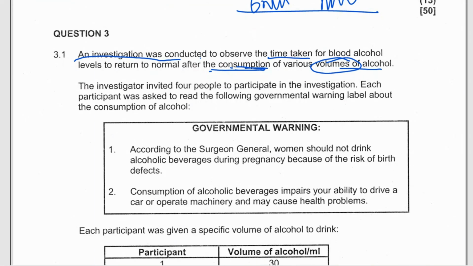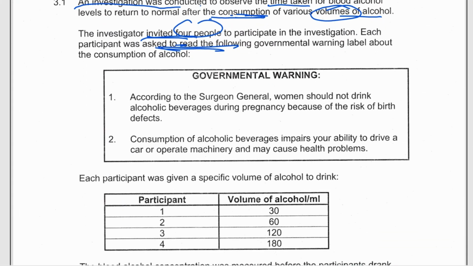The investigator invited 4 people to participate. This is a preparation phase. He invites those people; it's not by force. Each participant was asked to read the governmental warning label about the consumption of alcohol. This is also preparation.